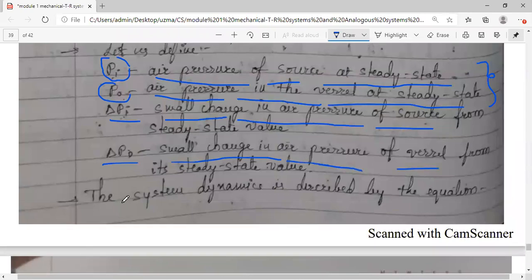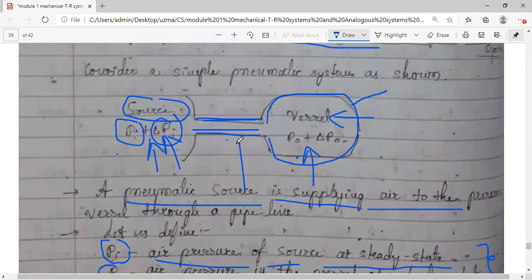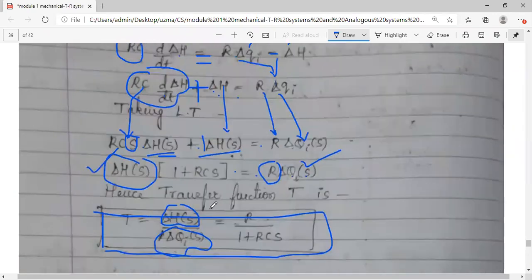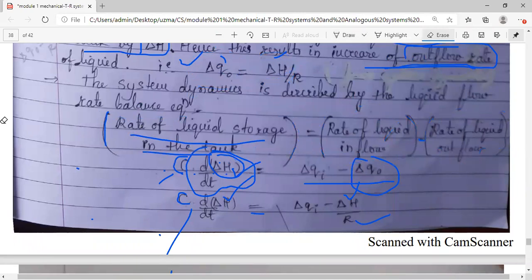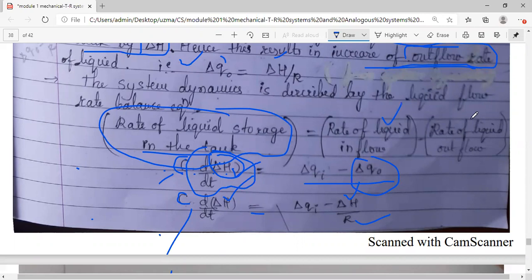Now, how can I simply define this system in terms of an equation? Just like in the earlier liquid level system, we defined the system dynamics in the form of a balance equation. The rate of storage of liquid inside the tank is how much you supplied minus how much went out. If you subtract it, the remainder will be your storage.